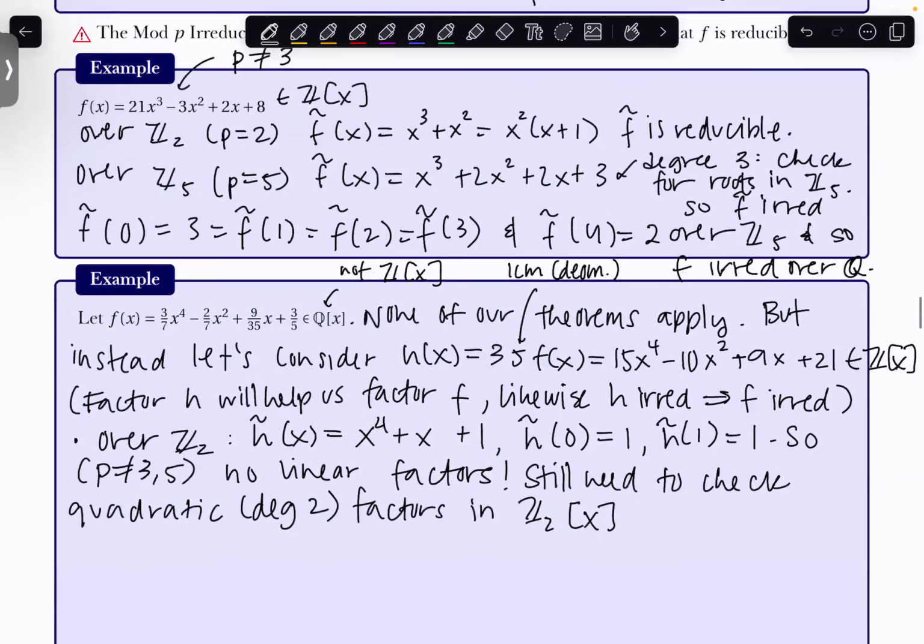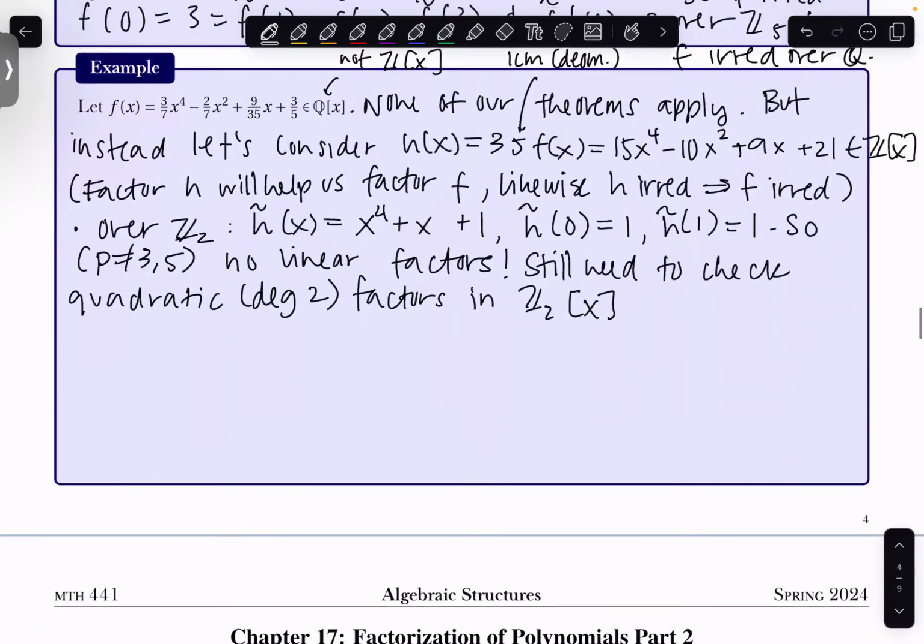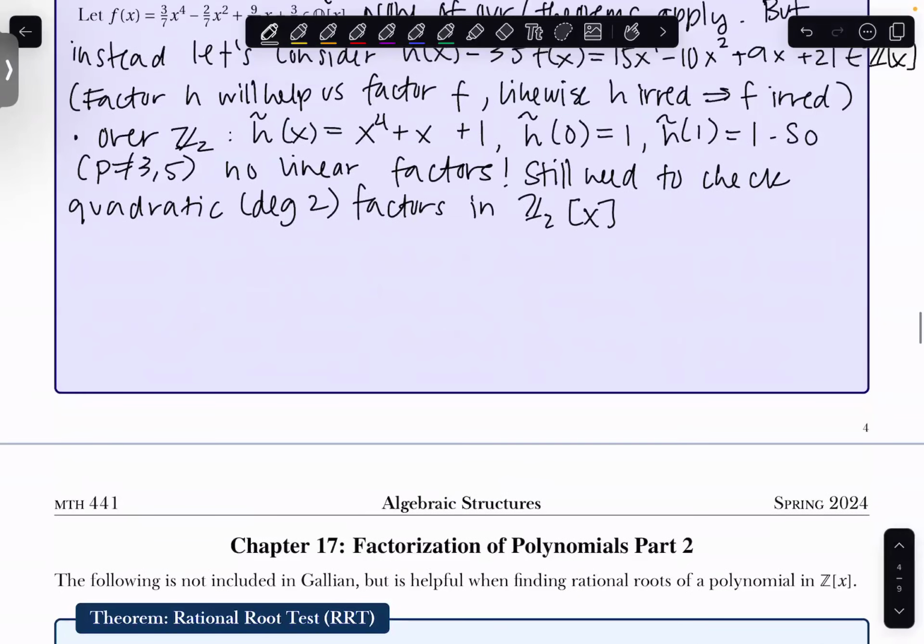But since we already did that work, that's what we did up here. In Z2, the only degree 2 that we had was our x squared plus x plus 1. So from our previous example.